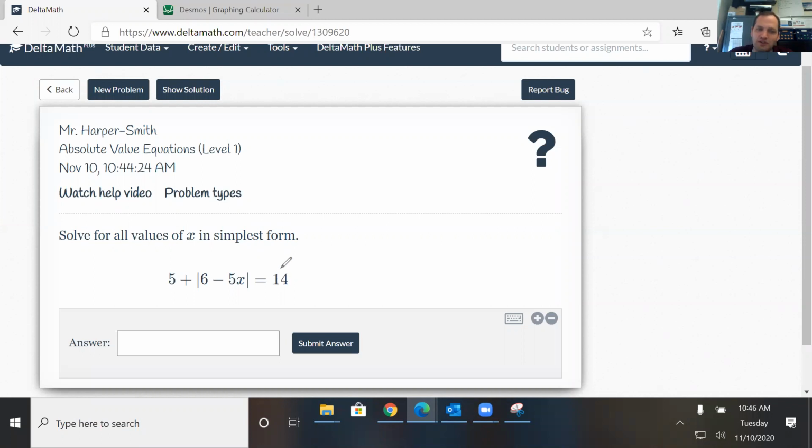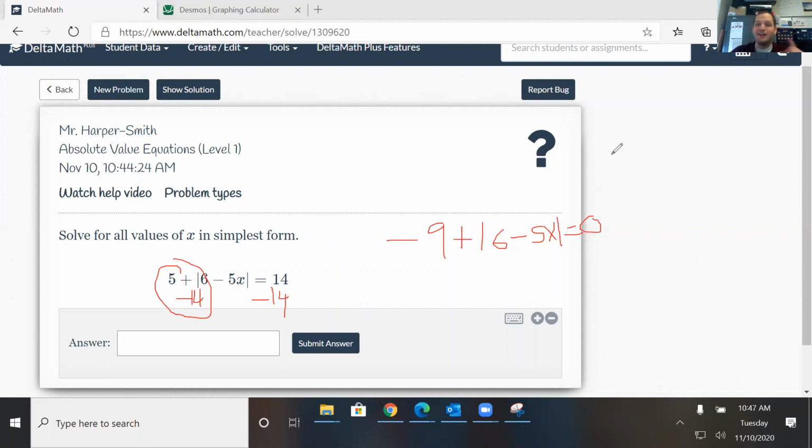So I need to do some algebra here to make it all equal 0. What would I have to do to make this right side equal 0? I'd have to subtract 14 from that side. What's 5 minus 14? It's -9. So if instead I write -9 plus the absolute value of 6 minus 5x equals 0, I could graph this, and wherever the line crosses the x-axis, that is going to be my answer, okay?